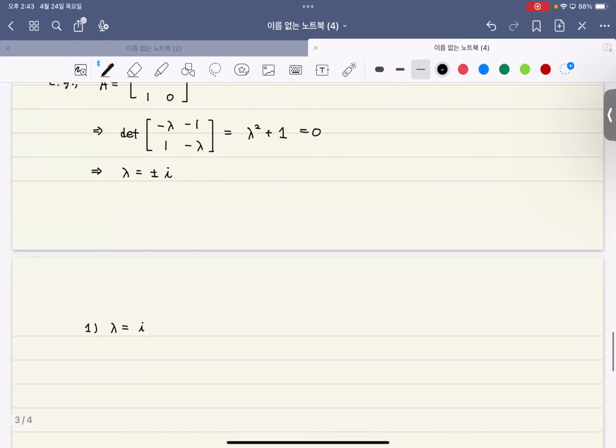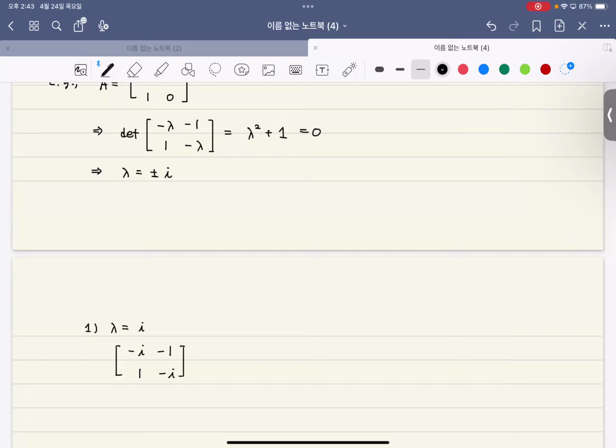Well, for the eigenvalue i, let me try to find the eigenvector. Since lambda is i, I'm plugging i in here. So minus i, minus 1, 1 and minus i.